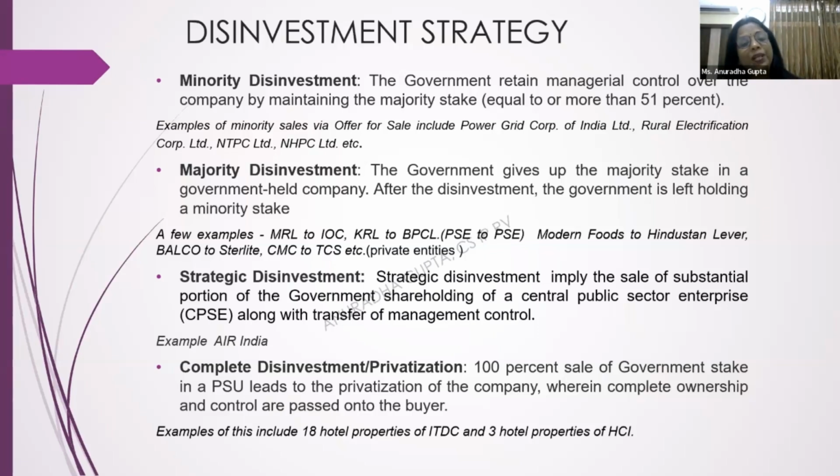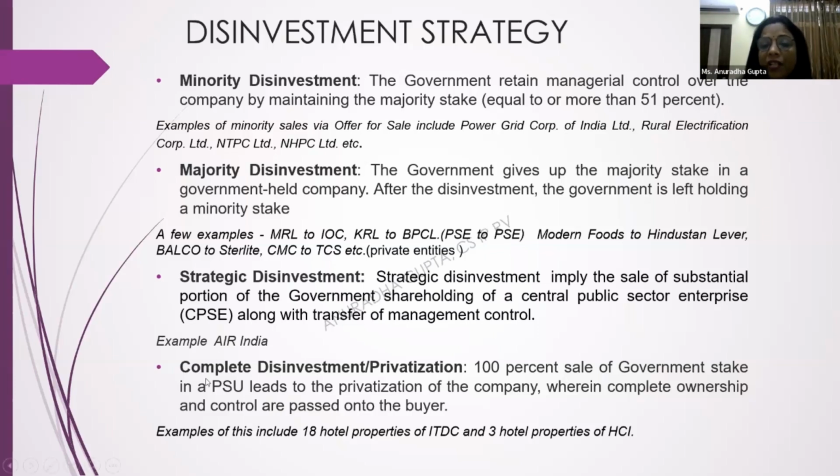But here, management control is also offered to the third party. So obviously, now you have the control, and when we do the valuation, there is a very important aspect which we assign in the form of control premium. So obviously, the valuation increases when strategic disinvestment takes place, because here the control is also being transferred to the party who is taking the stake.